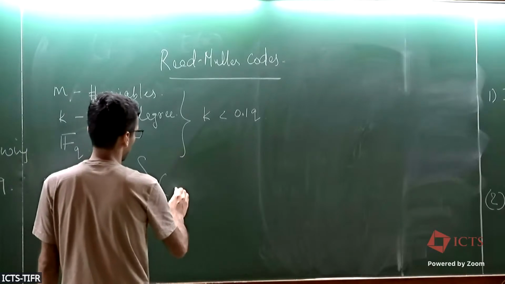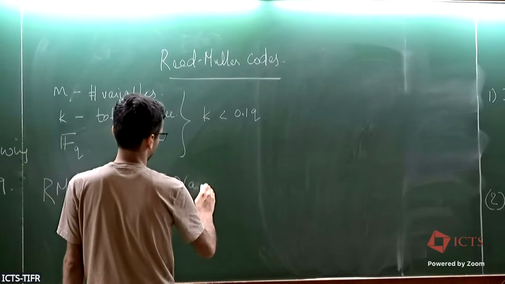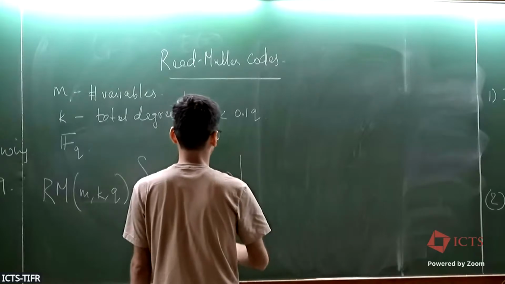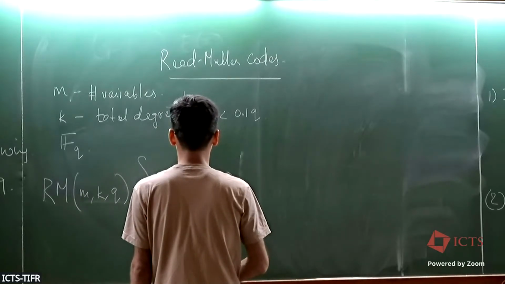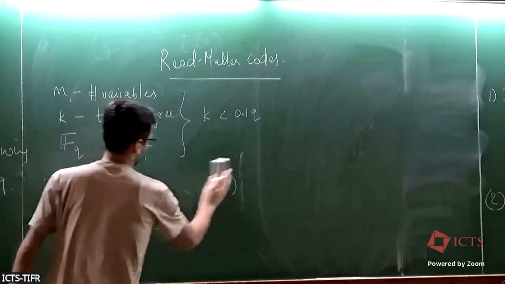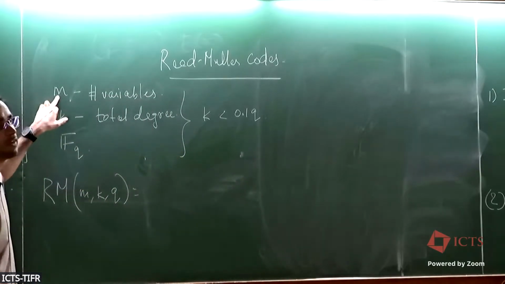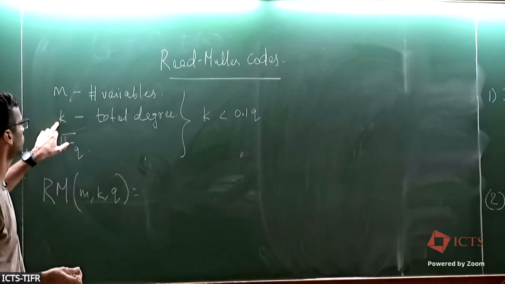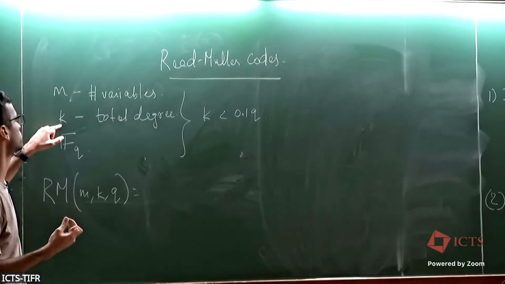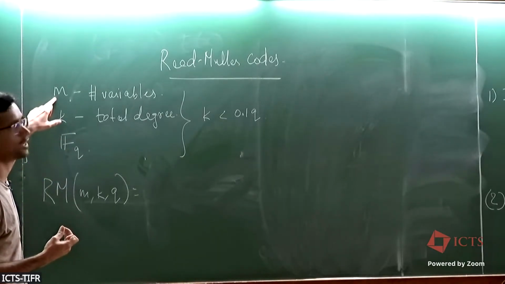It's the evaluation of P of A_1 up to A_M. Let me write this slightly differently. So the code words are now going to be evaluations of M-variate polynomials over F_q with total degree at most K. Reed-Solomon codes are evaluations of one-variate polynomials of degree K over F_q. These are going to be evaluations of M-variate polynomials.